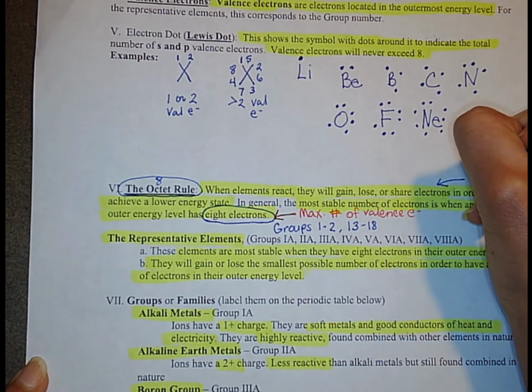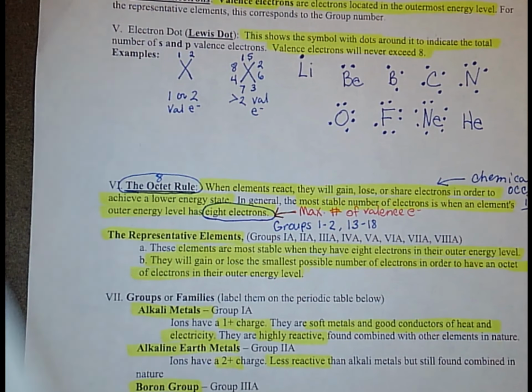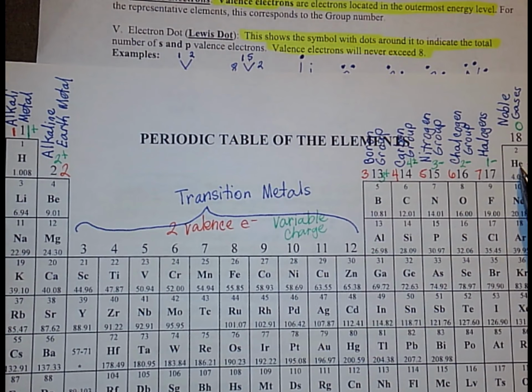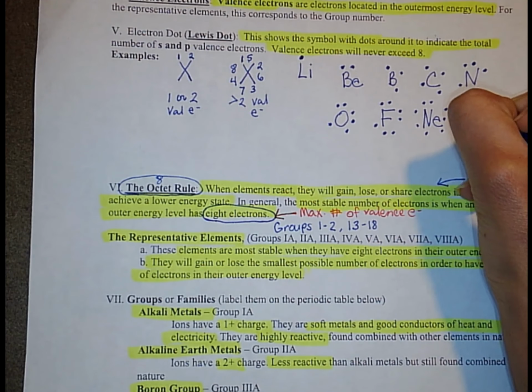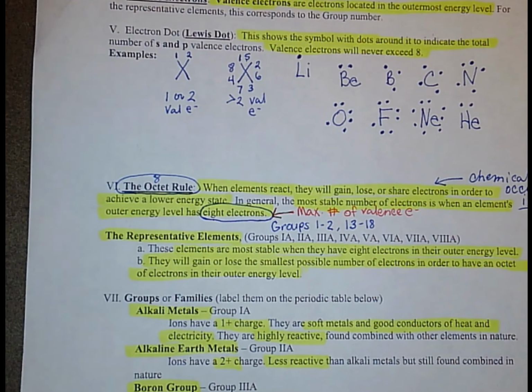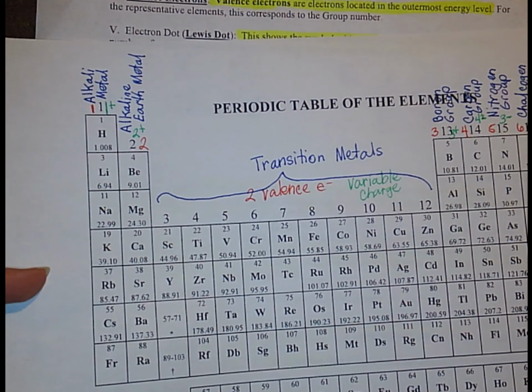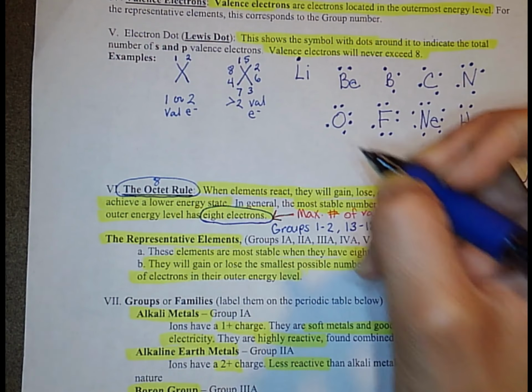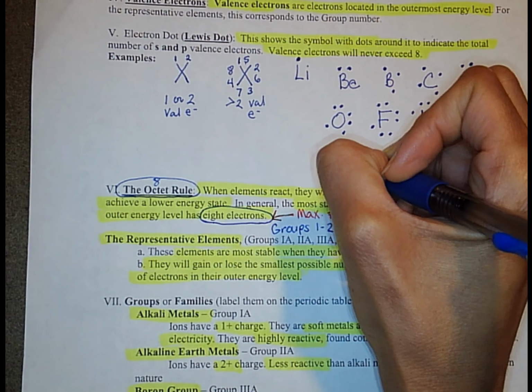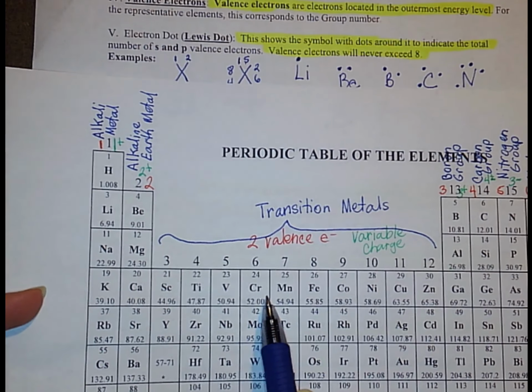Let's do helium real quick. Helium is also a noble gas, but don't forget that helium has 2 valence electrons, so it's 1, 2. We can also pick one of the transition metals. Let's pick chromium. Remember, chromium is a transition metal.